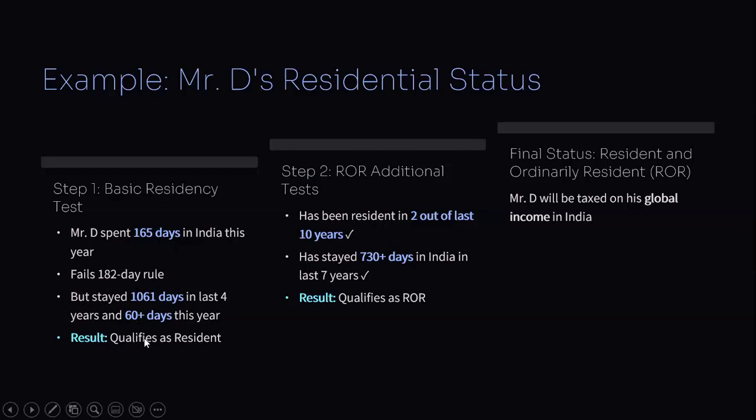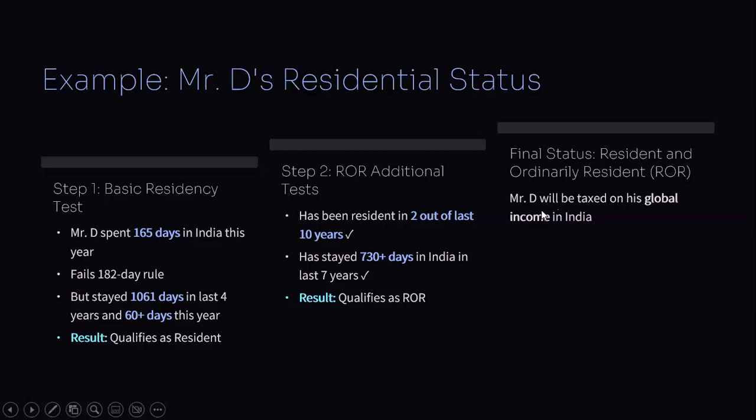So he is qualified as a resident. If you take the second example, he has been in India for two of the last 10 years and stayed 730 days in 7 years. Here we find he is meeting the additional dual condition because he is completing 365 days and the 60 days period. So he qualified as a resident and ordinary resident.